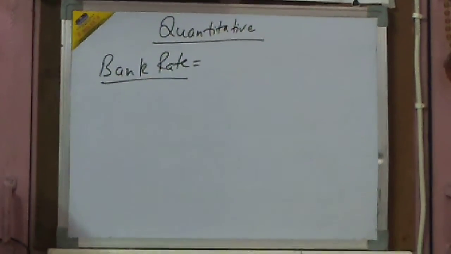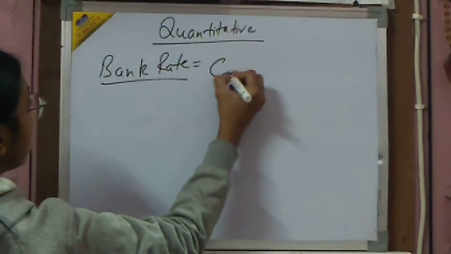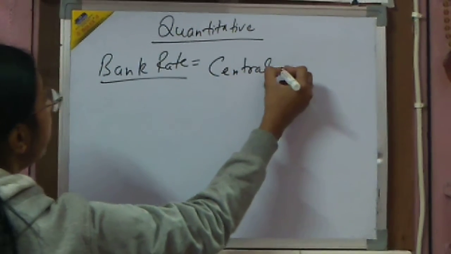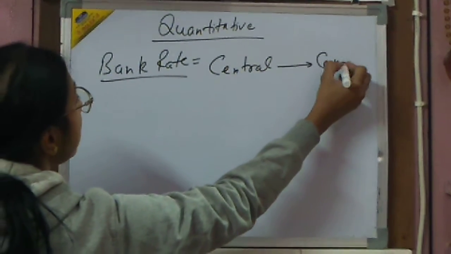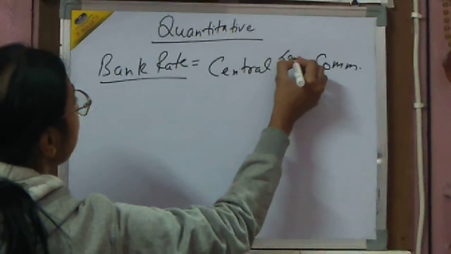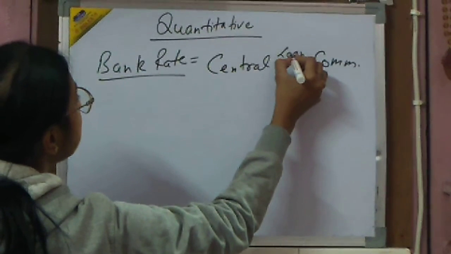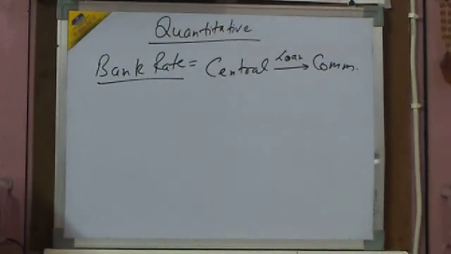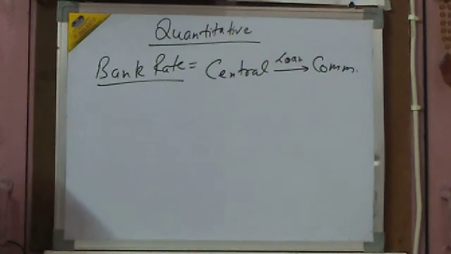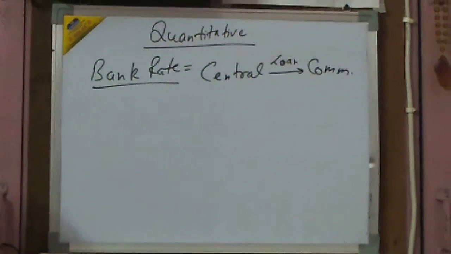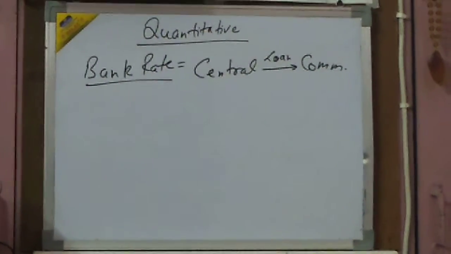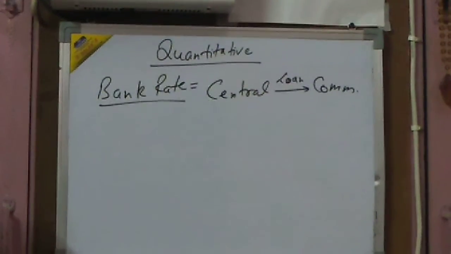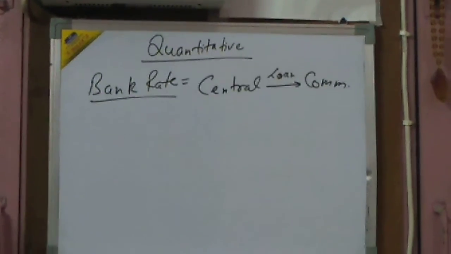Bank rate is the rate at which the central bank, or we can say RBI, gives loan to the commercial bank. This is the rate at which the RBI of India gives loan to the commercial bank or rediscounts their approved bills of exchange and the securities which the central bank is holding.